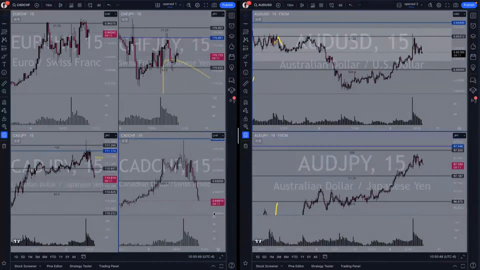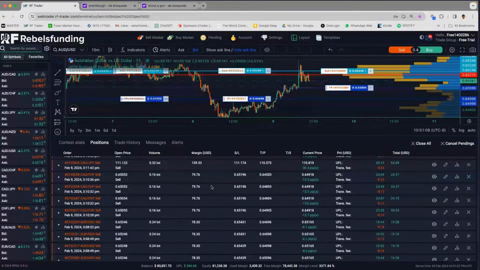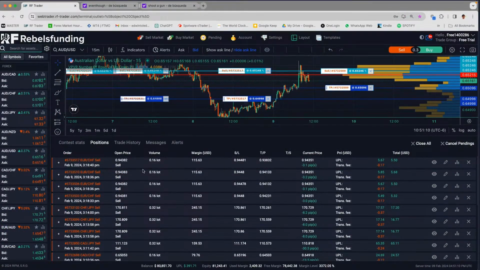I'm going to secure the bag on these trades that are losing momentum in volume. So I will take partials of everything and just leave open the last trade on each pair. Let's go to Euro CHF.